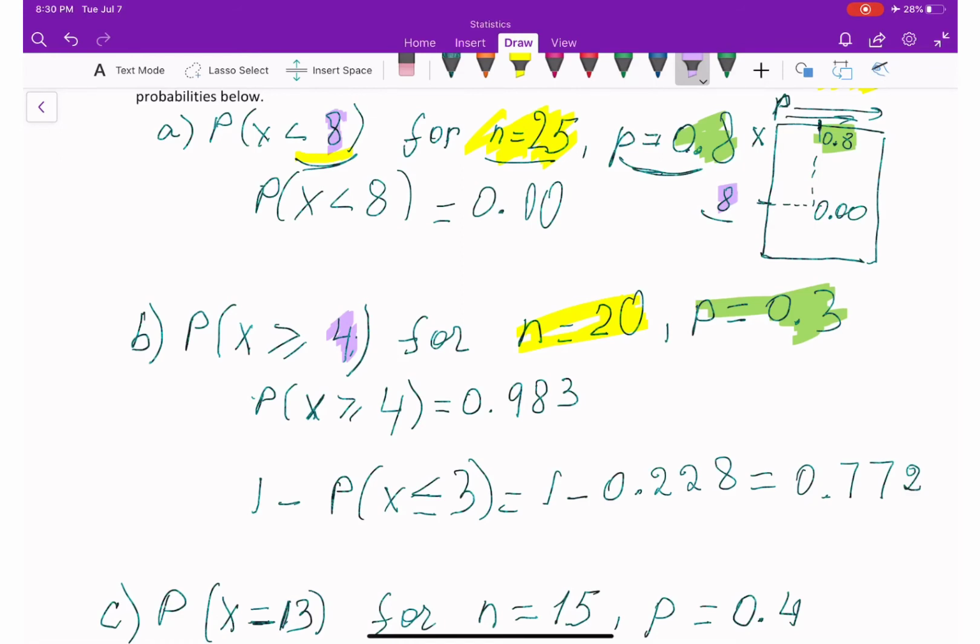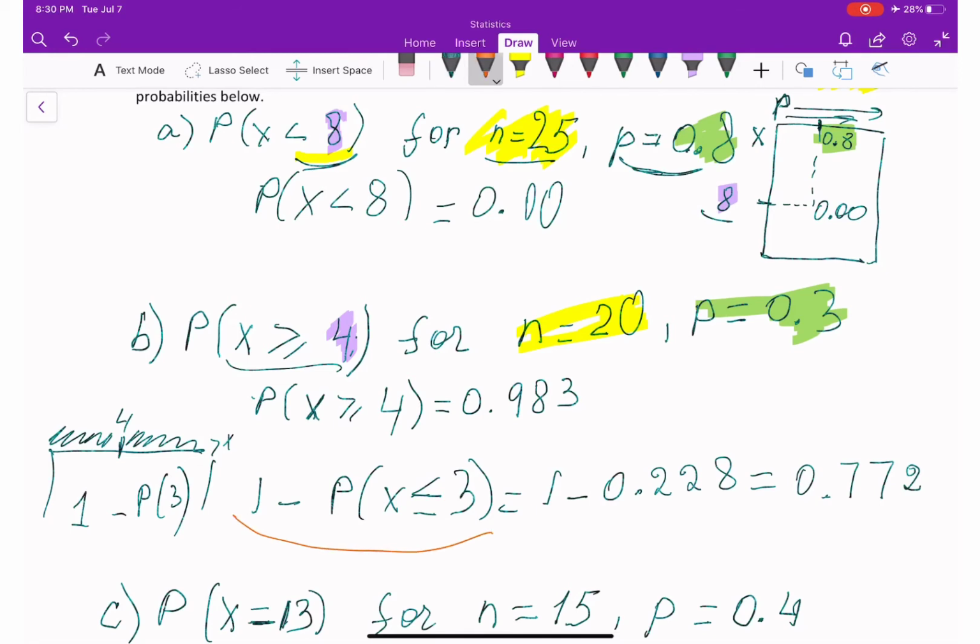So if we need to find x greater than or equal to 4, then I need to take 100%, which is 1, minus the probability of X less than or equal to 3. Because the table shows only for less.